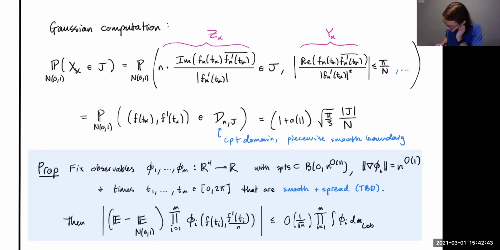You can compare this product of observables in phase space between the general measure and the Gaussian measure. And basically, you save a factor 1 over root n times the product of Lebesgue integrals of these.